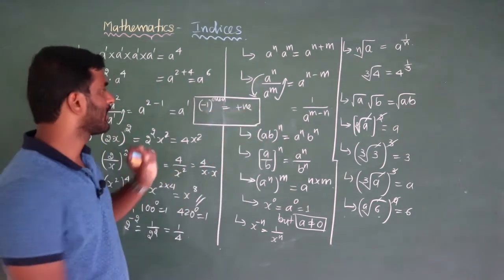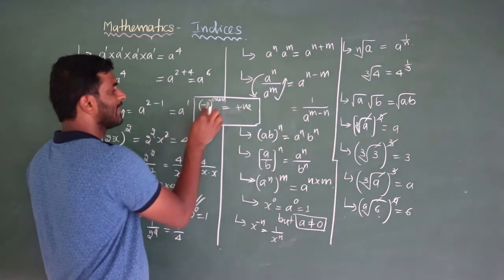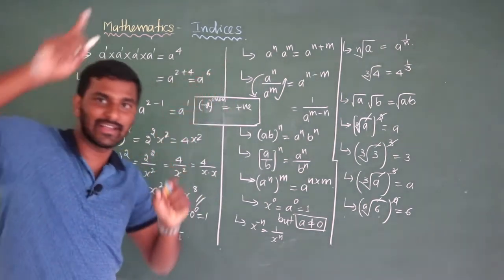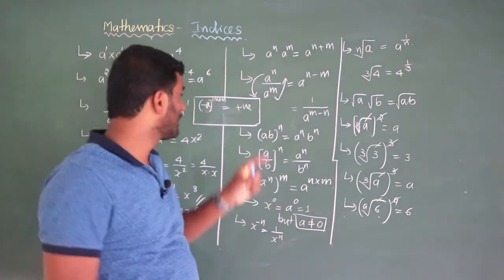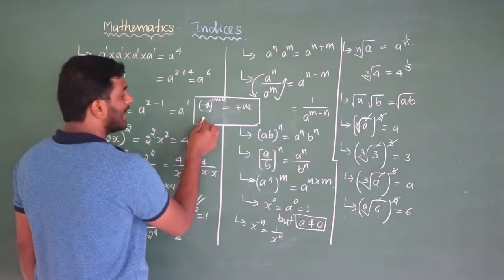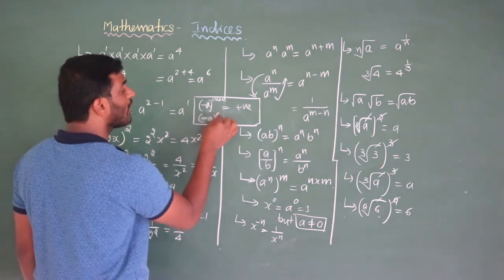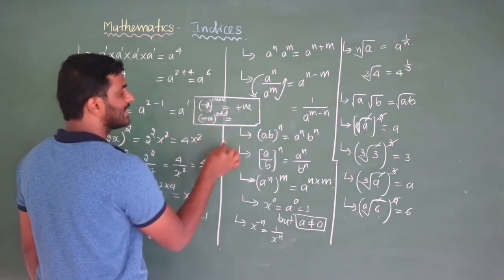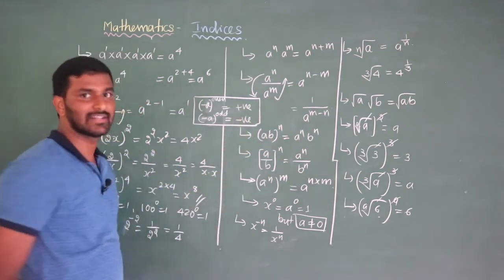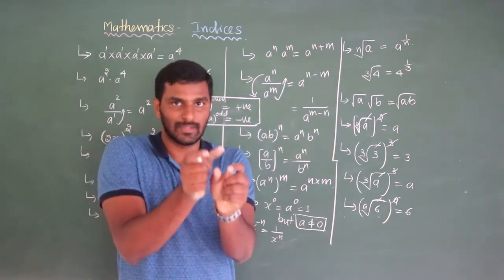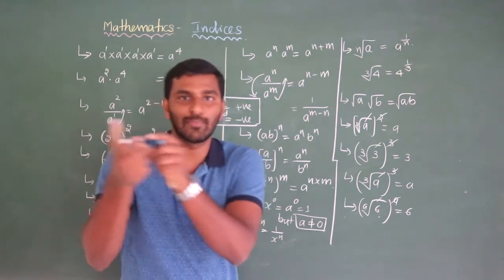Negative to the power of any number: if the exponent, the power, is an even number, it gives positive. And a negative to the power of an odd number always gives negative. For example, minus 2 to the power of 2 gives positive.